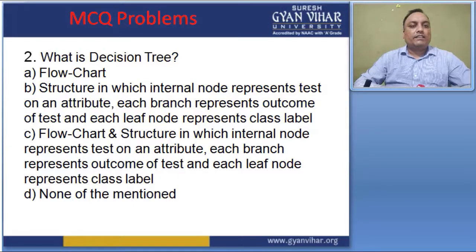D is none of the mentioned here. So this is the correct answer. This is one kind of flow chart, right? A is the correct answer.